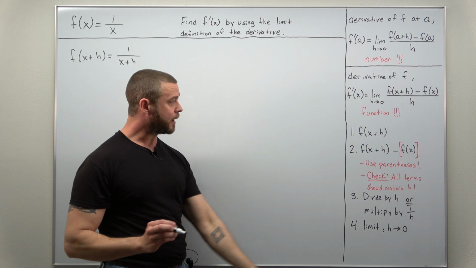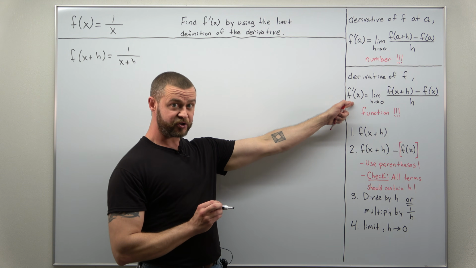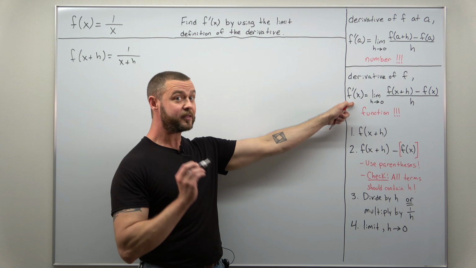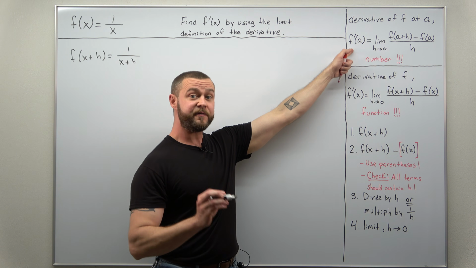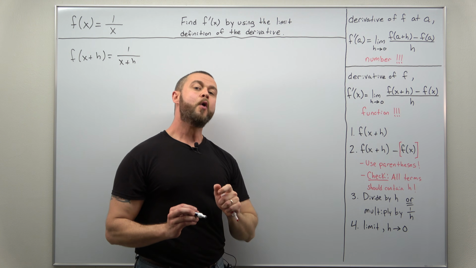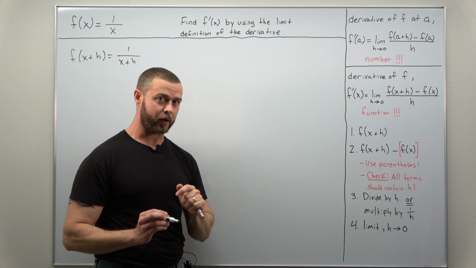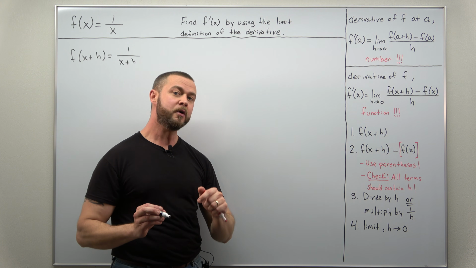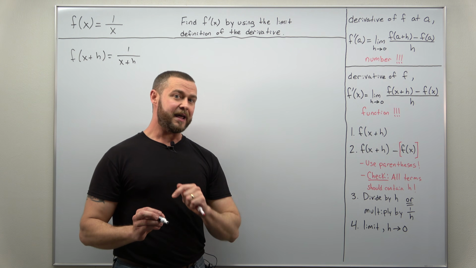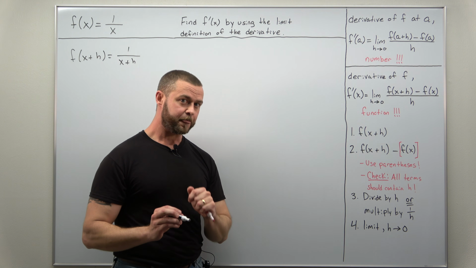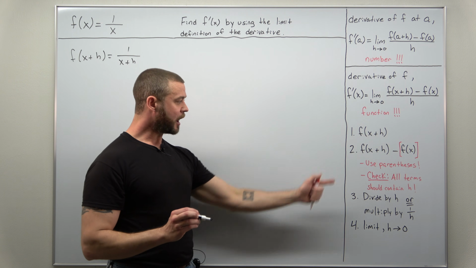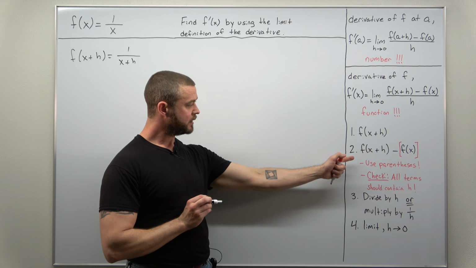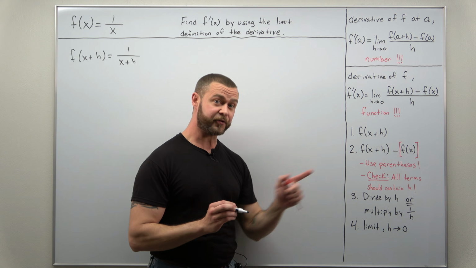Now it's worth pointing out that in your limit definition of the derivative, much like the limit definition of the derivative at a point, you always get an indeterminate form. And the work here, the steps that you're going through, that's going to eliminate the indeterminate form. Now think for a second, our function is a fraction. Step 2 is a difference.